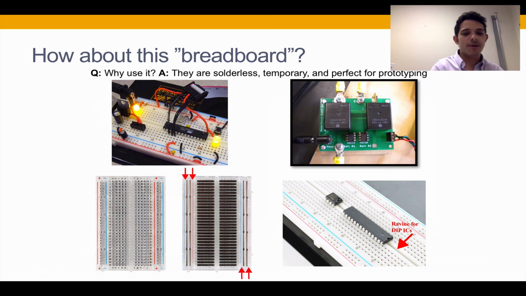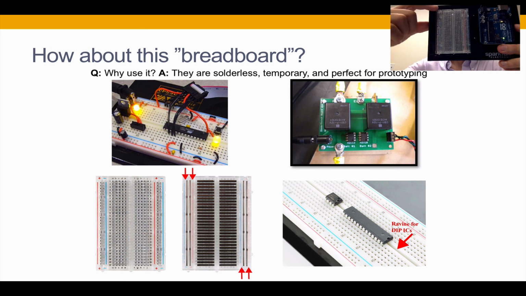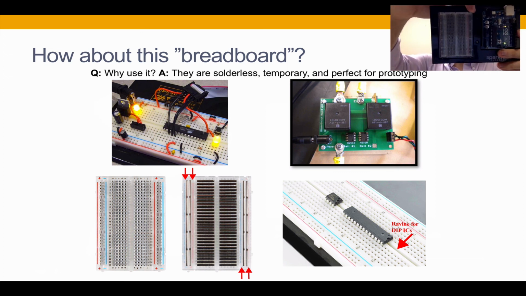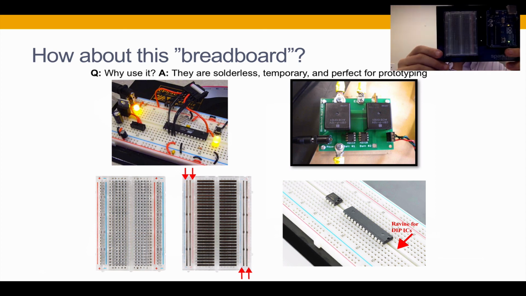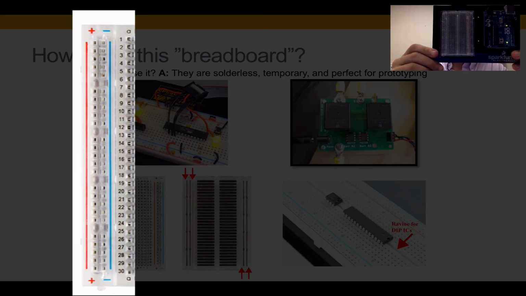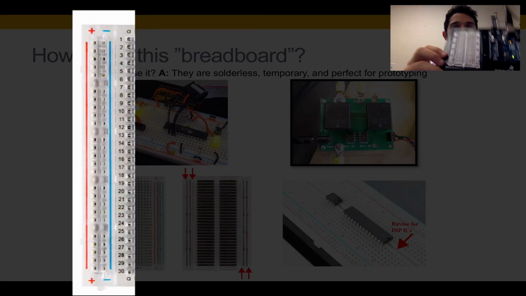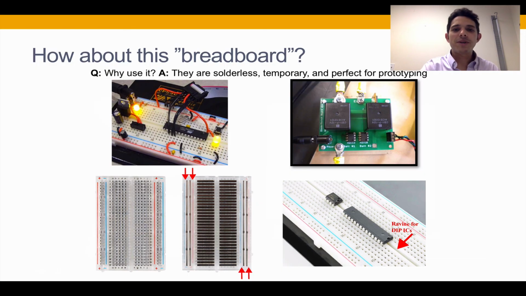So the first thing I want to point out on the breadboard are these rails, on the far left and far right. You'll notice that there are red and blue vertical stripes. The purpose of these typically is, suppose that you have a lot of electronic components on your breadboard and you would like to essentially have a ground and, for example, a 5 volts voltage supply.